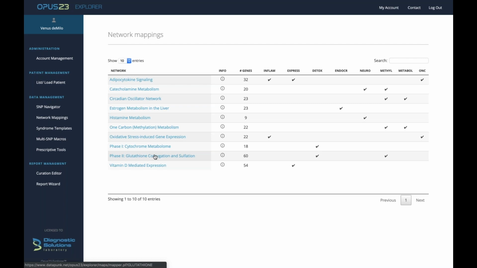So you can still choose to do it that way if you want, because there's certainly issues of metabolism, biochemistry and medical risk that don't fall into one of those discrete categories in the report wizard.